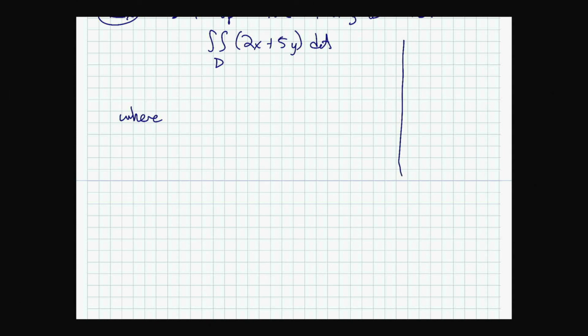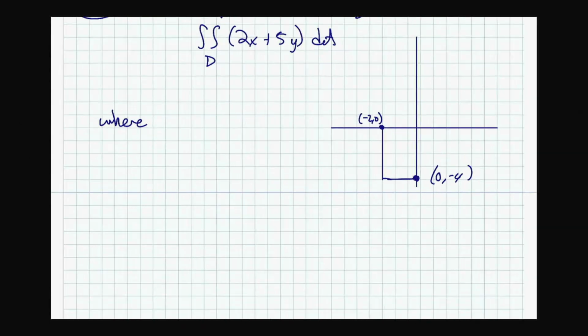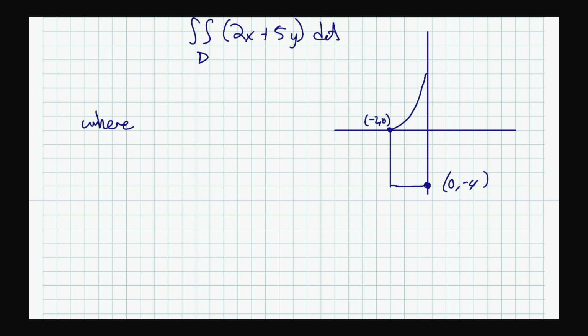So what's happening is you've got 0, minus 4 down here. Straight line, straight line. This is negative 2 comma 0 right here. Then this goes up like this. This goes up like this. This is supposedly 0, 4.